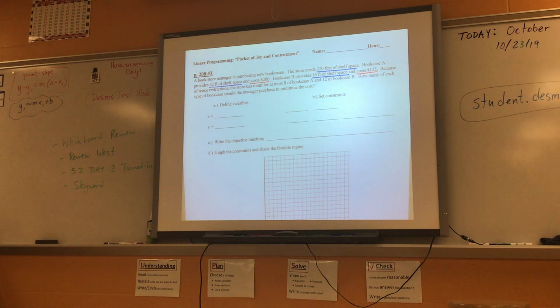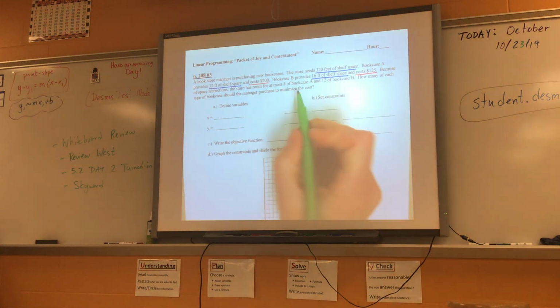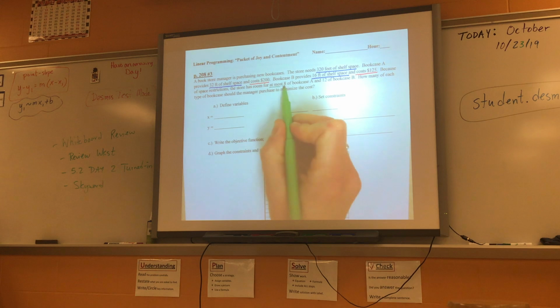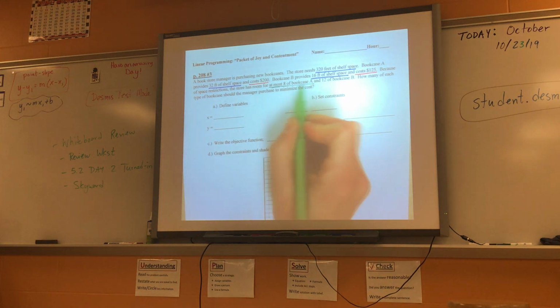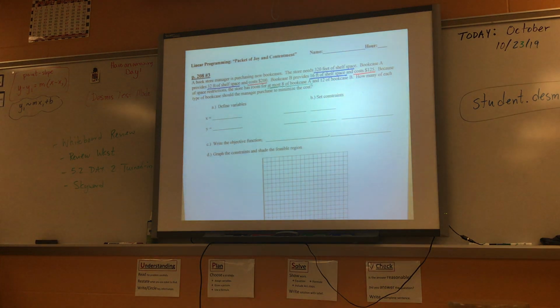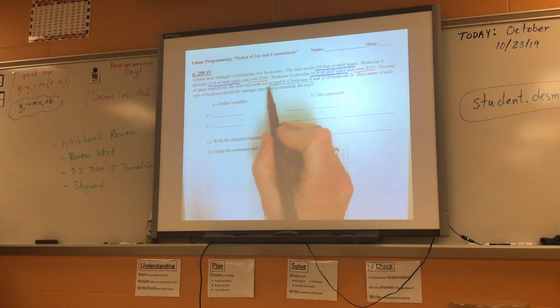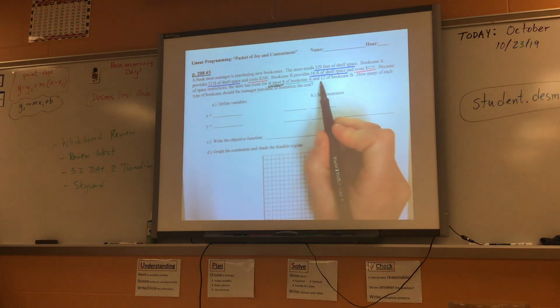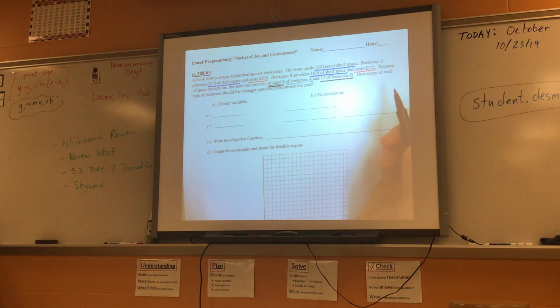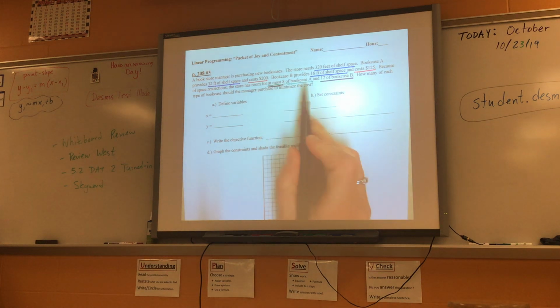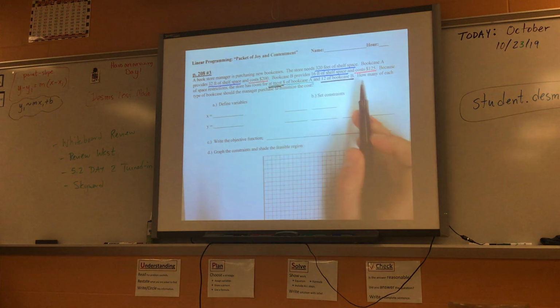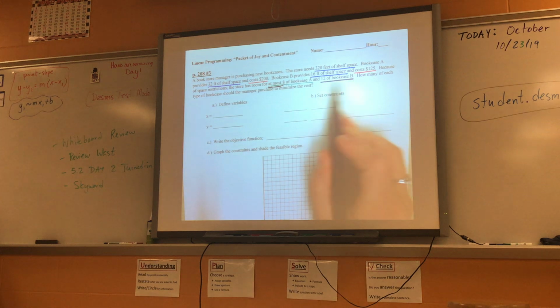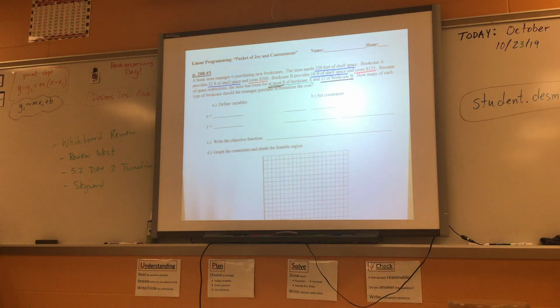It says because of space restrictions, the store has room for at most 8 of bookcase A, and at most 12 of bookcase B. Notice I switched to green to talk about bookcase A and black pen to talk about bookcase B.